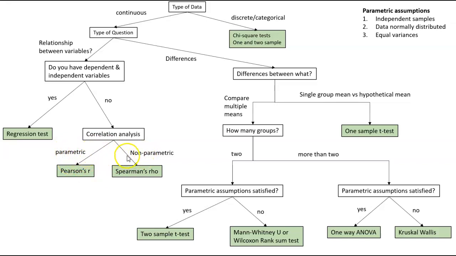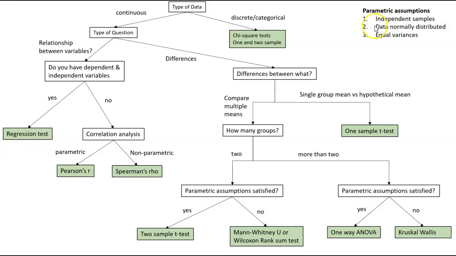And what is the difference here? A parametric test has three assumptions that need to be fulfilled, or that we need to be at least somewhat certain are fulfilled. Independent samples means that we haven't tested the same individual several times in the groups that we're looking at.